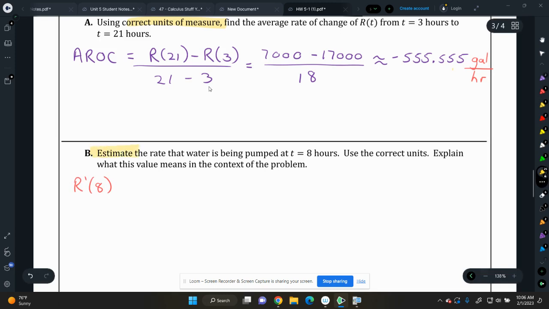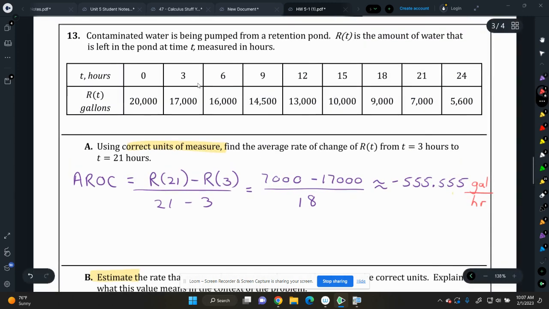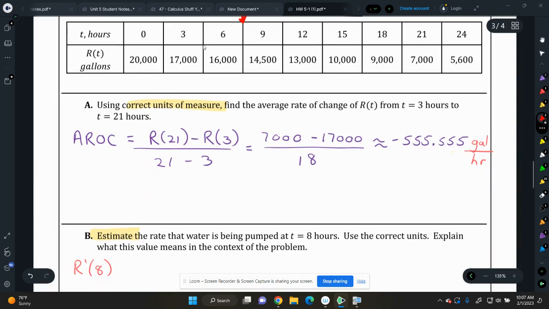That's another clue that we're not going to have an exact derivative, right? When you have a table, you're estimating the derivative by taking the rate of change on a small interval, okay? t equals 8 is between these two. That's the smallest interval I can use. So an estimate of that, we're going to use the squiggly line, right? It's going to be R of 9 minus R of 6.